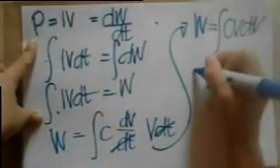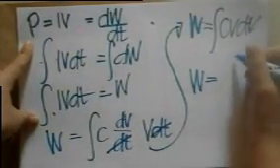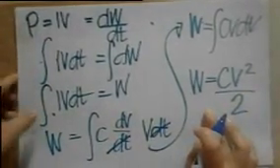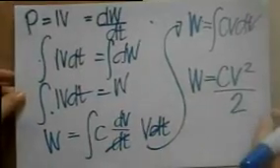So we can cancel the dt and we are left with the integral of CV dV, and simplifying, we have W equals CV squared over 2. This is one of the formulas for the potential energy stored in a capacitor.